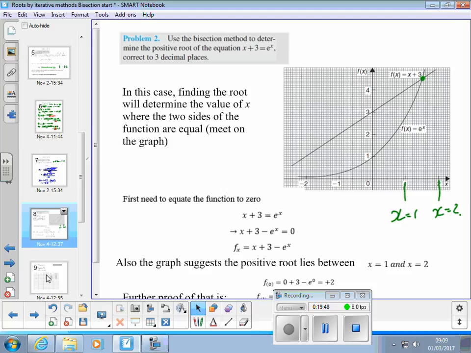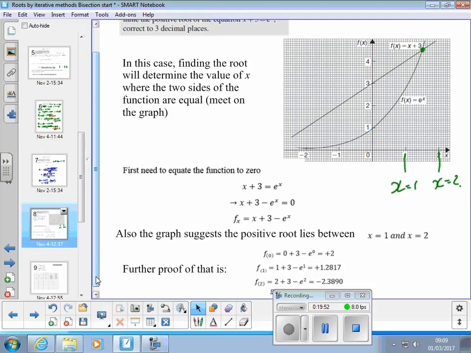One function that's crossing. First change it so we have everything on the left hand side, leaving 0 on the right hand side, for the x both sides to end up with 0 on it.